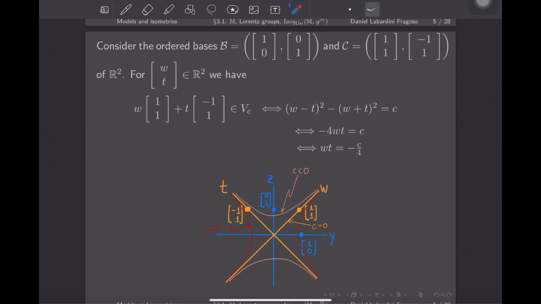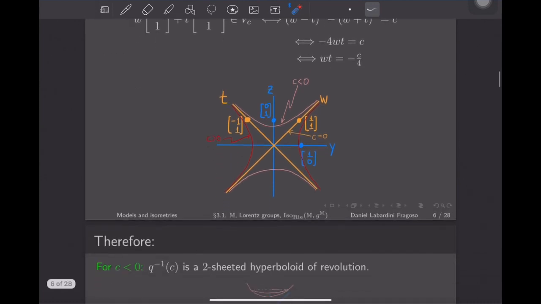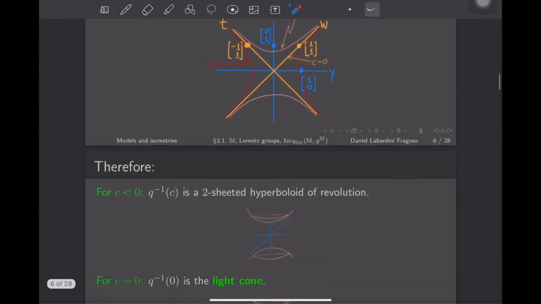So I take C very positive, so the hyperbola looks very thick, and then I start moving C close to 0, and the two sheets start getting together. At 0 you get this, and then for negative C, as you get away from 0, it starts looking like that, right? So that's something that I want you to be aware of.